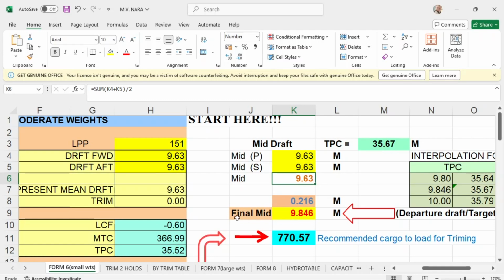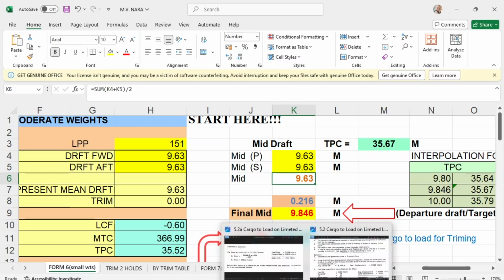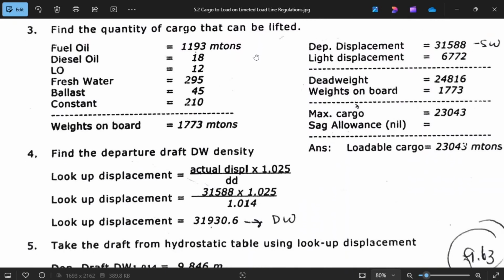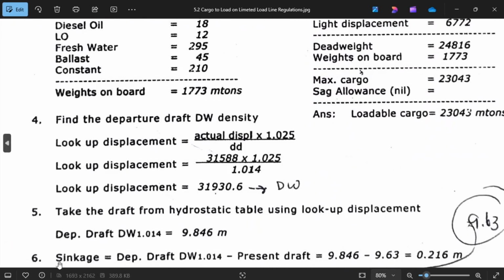And your final mid departure is this one, guys. The final mid departure is this one, guys. Departure draft of dock water, because you are floating in a density of 1.01. This will be your departure draft.